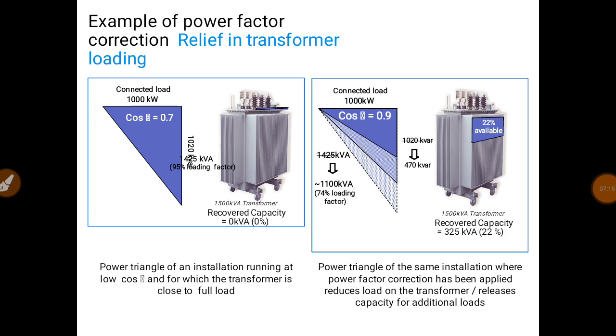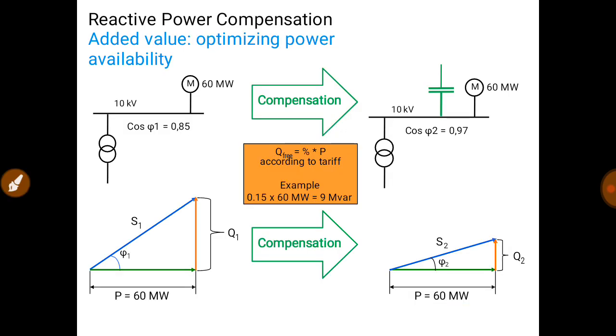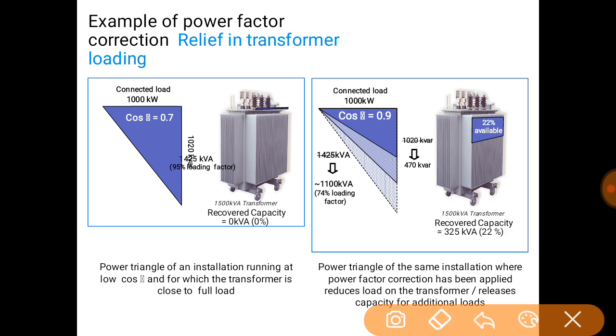After this, an example of power factor correction. First, the connected load is constant, meaning P, the active power, is constant. Then reactive power will be compensated when power factor is improved.